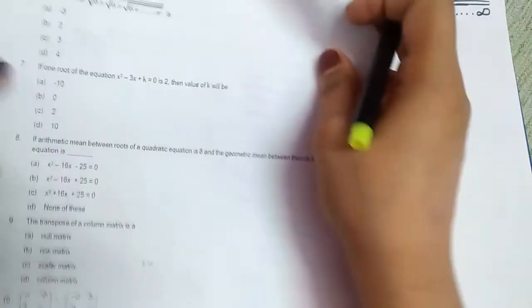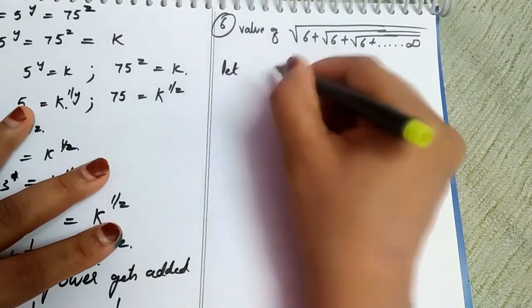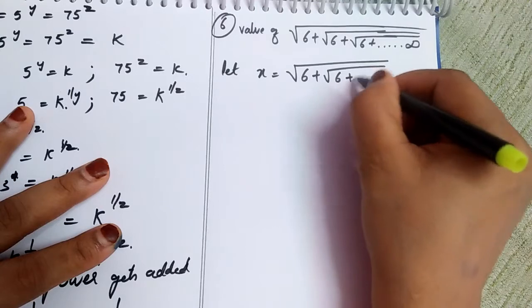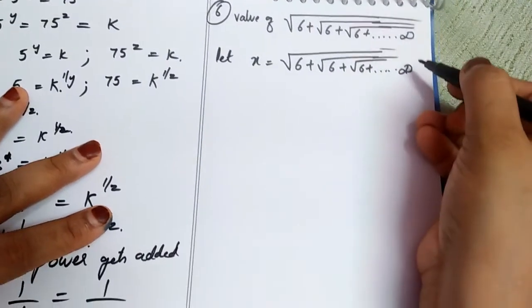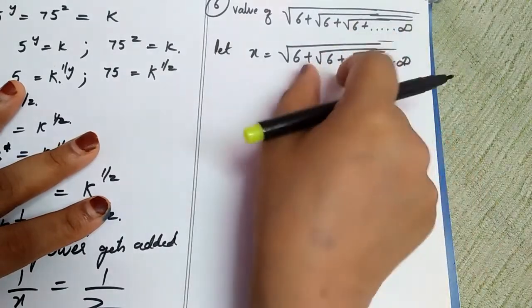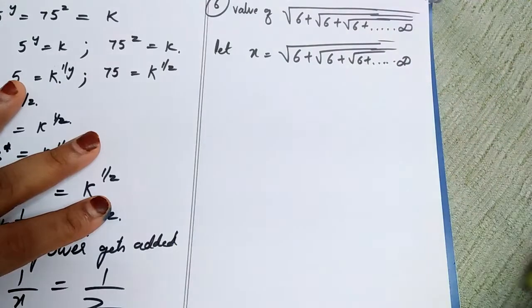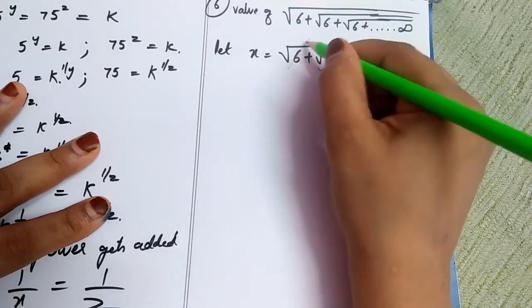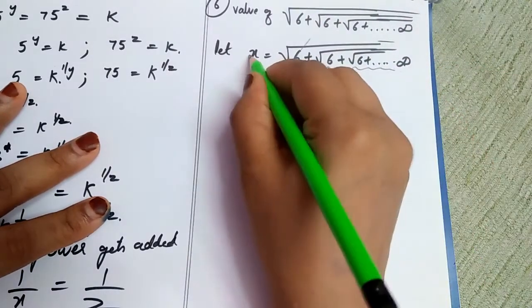So what we will be doing is, let x be equal to root of 6 plus root of 6 plus root of 6 and so on till infinity. Rather than writing infinity all the time, if we remove the first 6 and take the rest, the value will still be x.